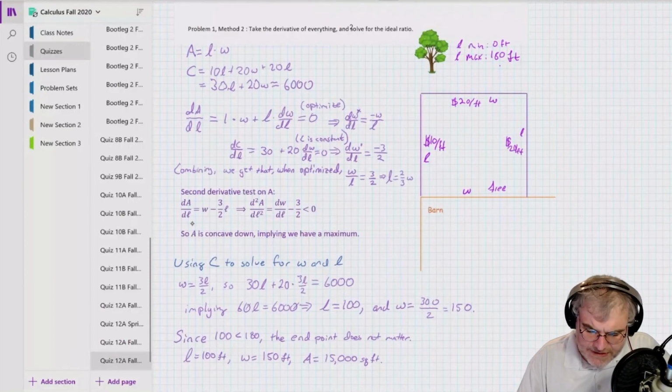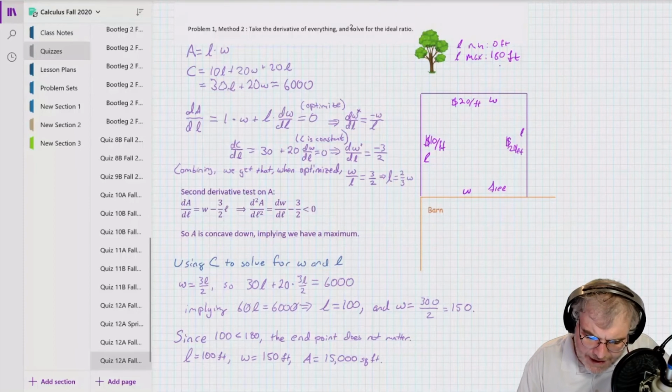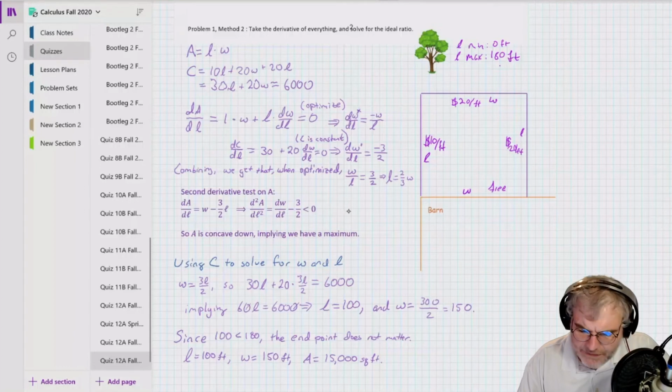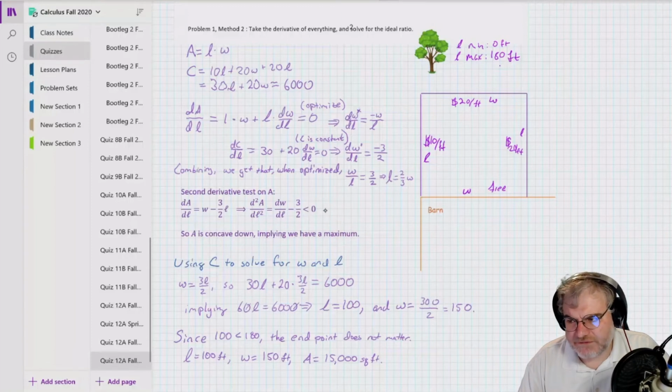Here I actually did the second derivative test. Oh, the second derivative was really easy. On this one you were maximizing stuff, so the second derivative test is really easy if you're maximizing stuff.